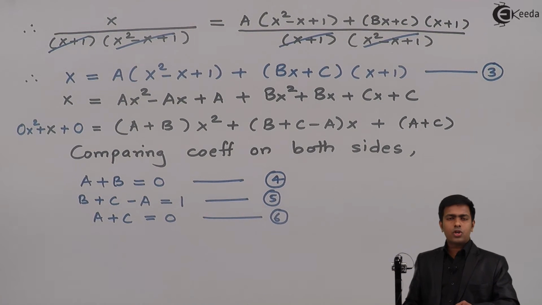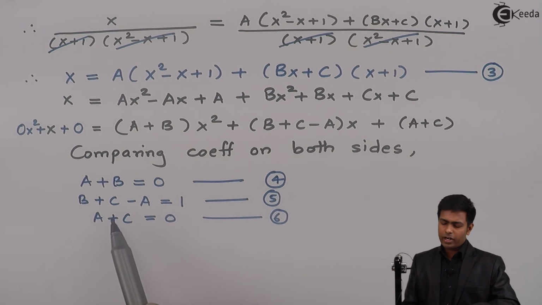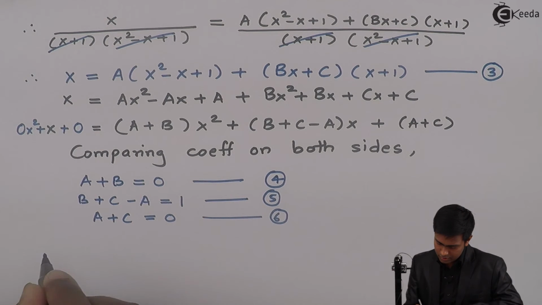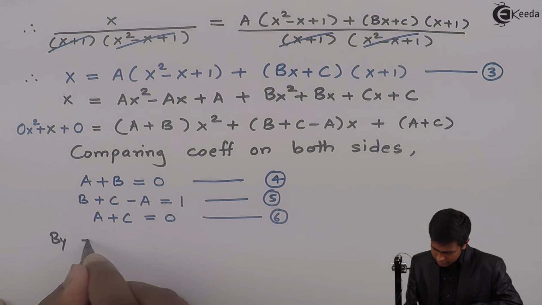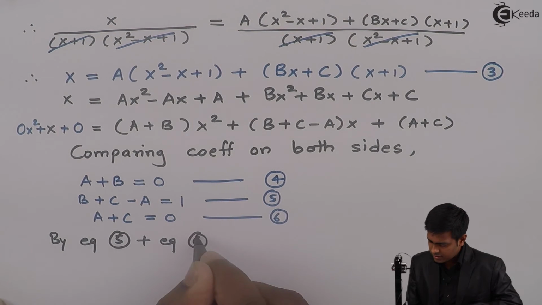So now we'll solve equations number 4, 5 and 6 simultaneously to get the values of a, b and c. It's very simple to solve. First of all we'll add equations number 5 and 6. By adding 5 and 6 we can eliminate a because it is opposite in sign, and we'll get one equation in terms of b and c. So equation number 5 plus equation number 6.